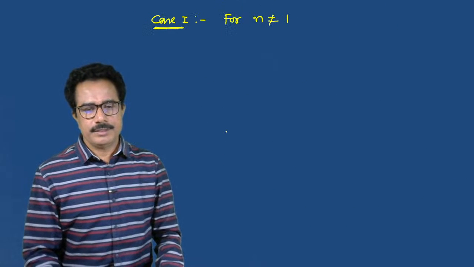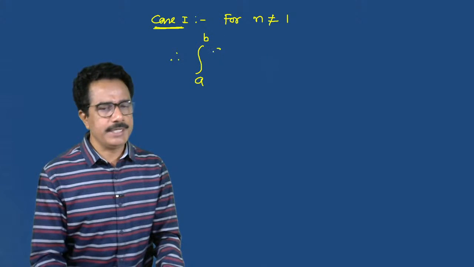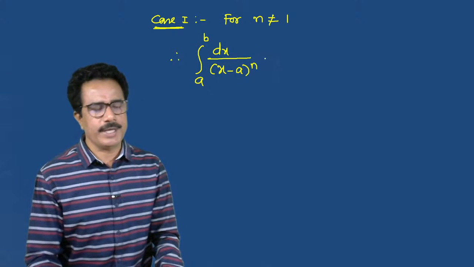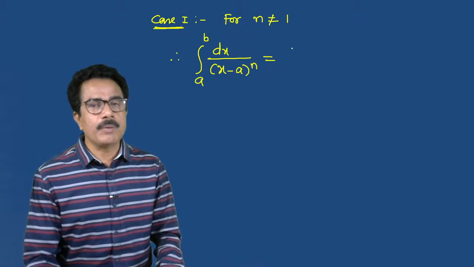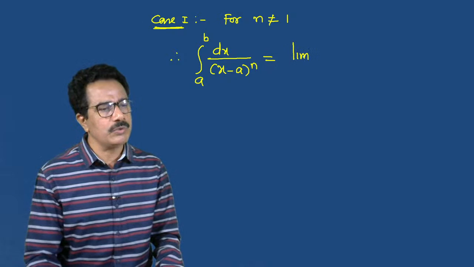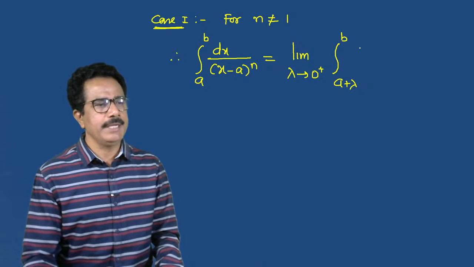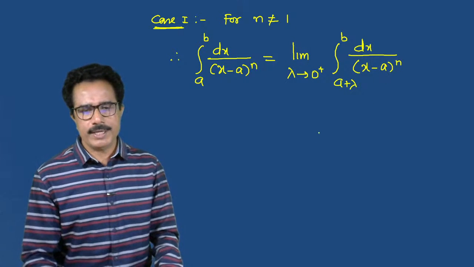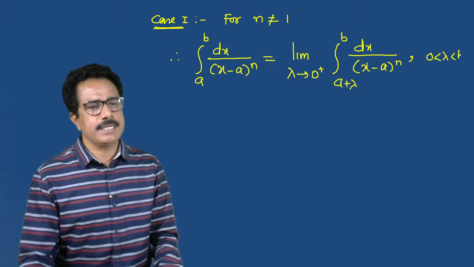So see this integral from a to b, dx divided by (x minus a) raised to n. According to the condition of the improper integral at the left end, we have to use the limit as lambda tends to 0 positive of the integral from a plus lambda to b of dx divided by (x minus a) raised to n, for 0 less than lambda less than b minus a.